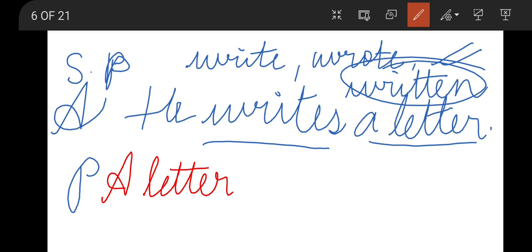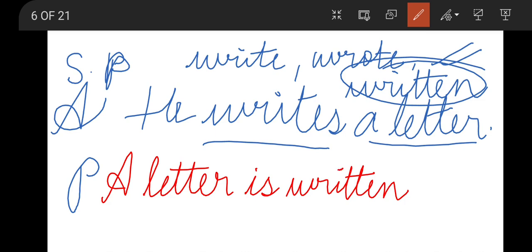As I told you, present means present form only, so we are going to write is. Then I told you the third form. Third form of write, as I told you, is written. So let me write it: a letter is written. And I told you by should be used here. Since it was in the subject pronoun, the object pronoun of he is him.